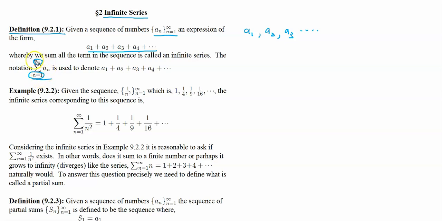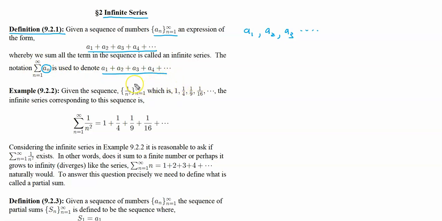This is where the n is supposed to stop. Well, in this case it doesn't. It goes all the way to infinity. And then the expression in here, this is your sequence that you're summing all of the terms of. And so this is used to denote this right here.